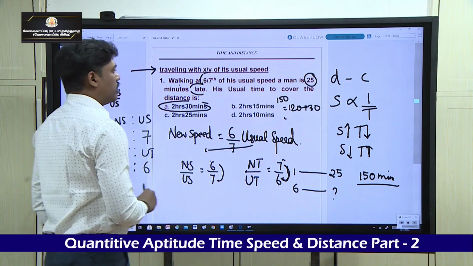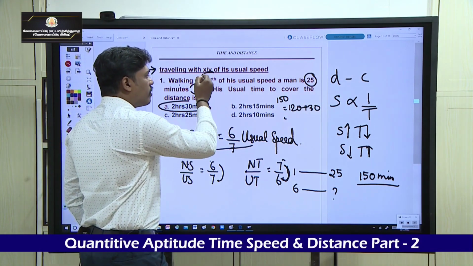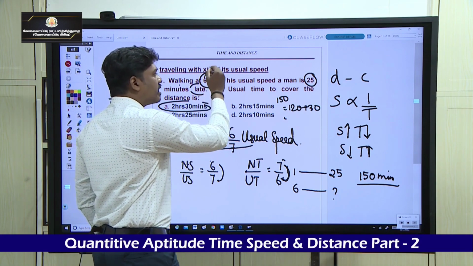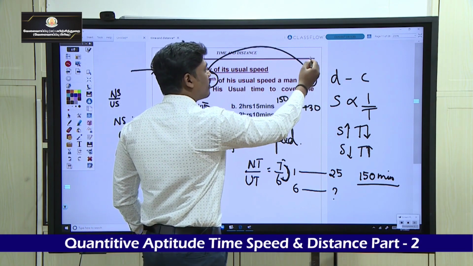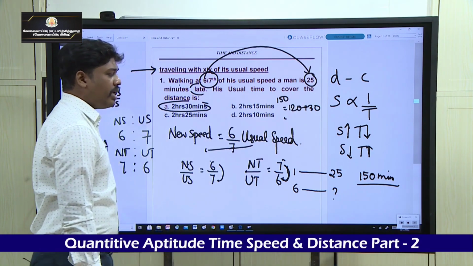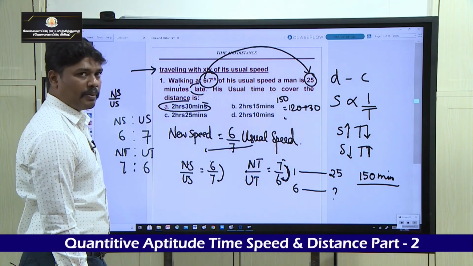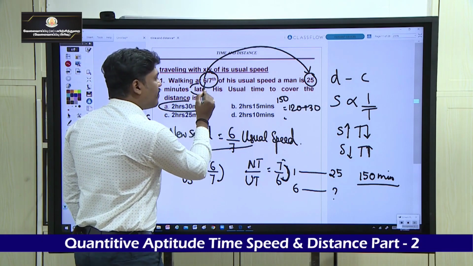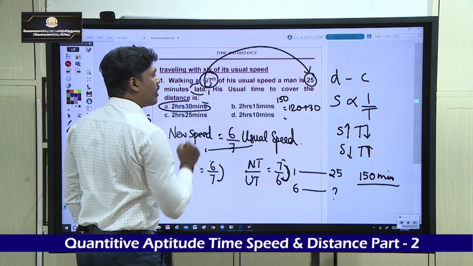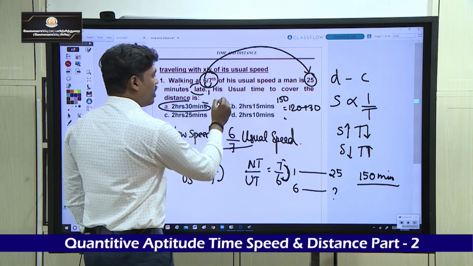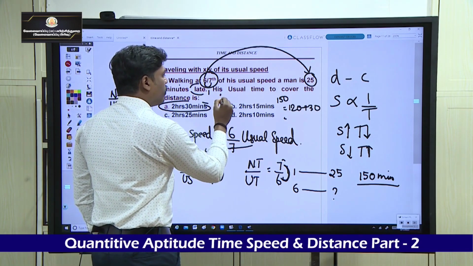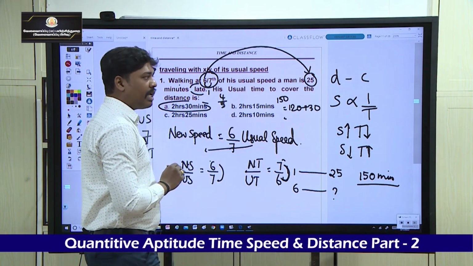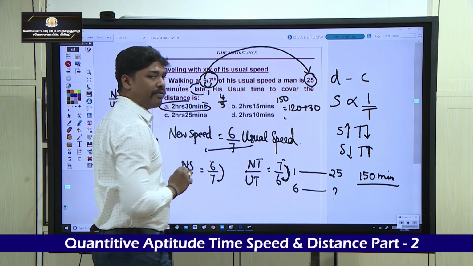Okay. Or what we can do here is, look at here, 6/7. In that, take that 6 and multiply with 25. 6 into 25, you will be getting 150 minutes. So we can use this shortcut when the difference between the 6 and 7 is 1. For example, if it says walking at a speed of 4/5 of usual speed, the difference here is 1. At that time I can multiply 4 into 25.